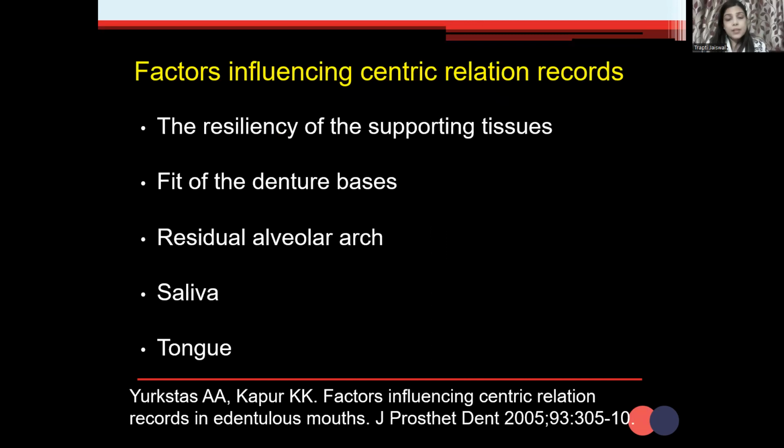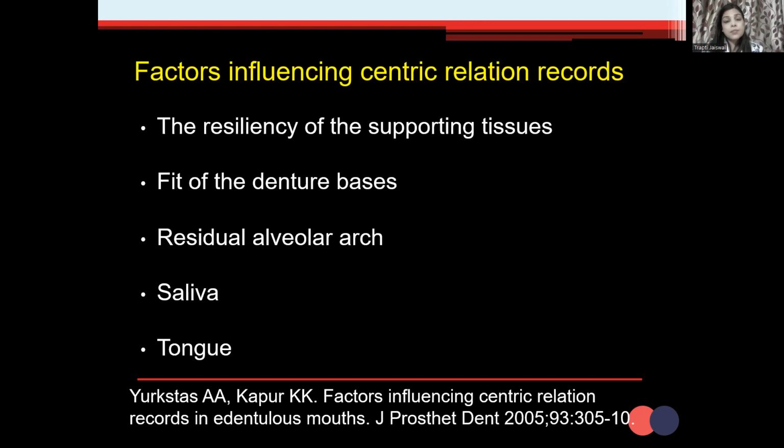What are the factors which influence the centric relation record? Resiliency of the supporting tissues: if the supporting tissues are flabby ridges, it affects the stability of the record bases, hence affecting the centric relation records. Fit of the denture bases: if the denture is not fitted properly, or the impressions are not properly made, then automatically the centric relation records will be affected.